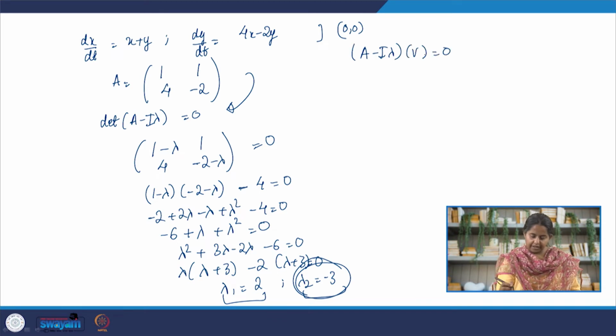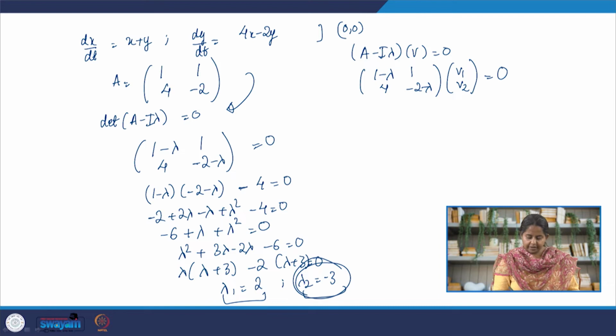Here let us again write our A minus lambda I. Let us put in the value 2, which corresponds to lambda 1, first. So, we substitute the value of lambda 1 in this matrix.